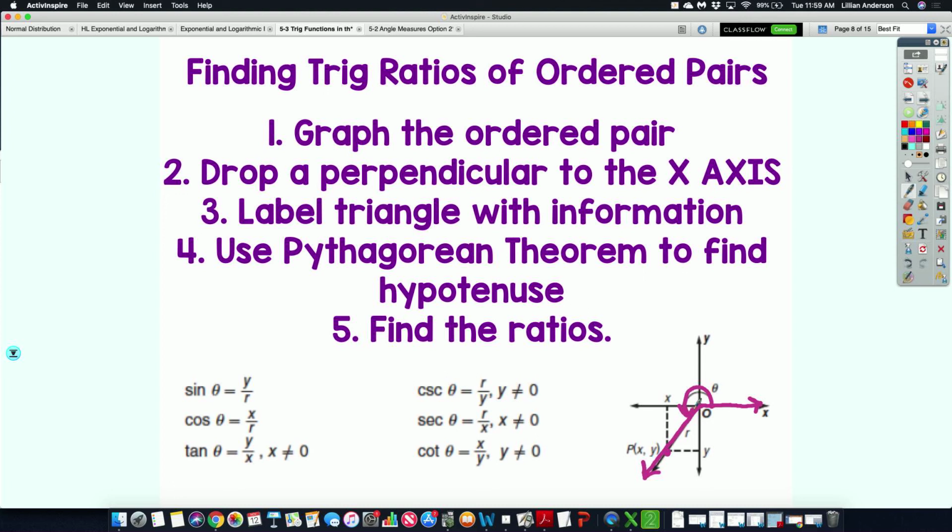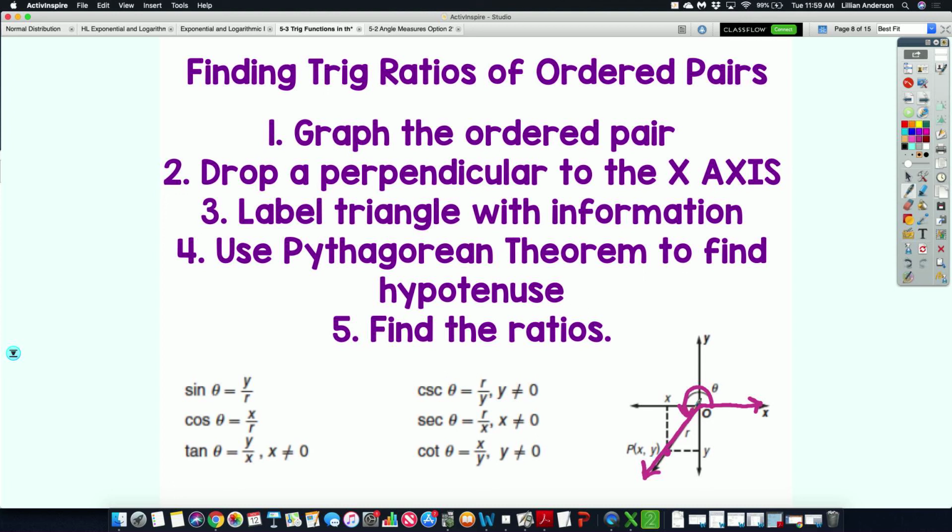Do you guys see? Okay, so the steps that go with finding these trig ratios. Step 1, of course, graph the ordered pair. You want to graph the ordered pair because you basically need to know what quadrant you are in. The quadrants do matter. Step 2, you want to drop a perpendicular to the x-axis.